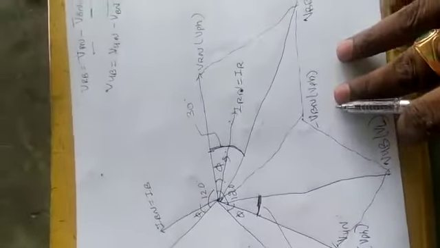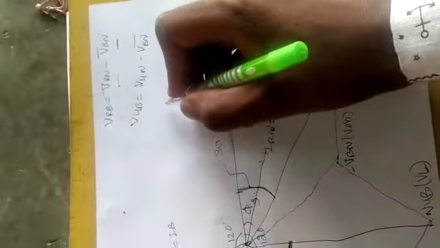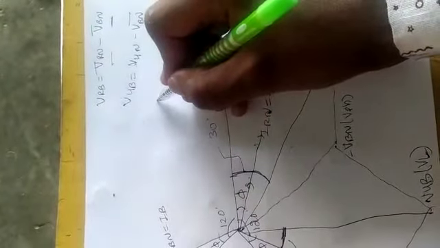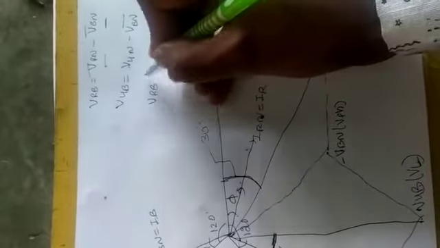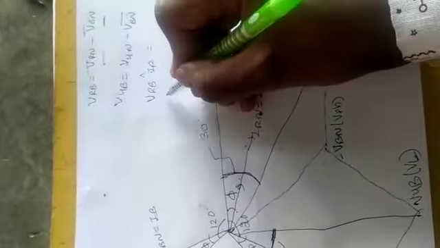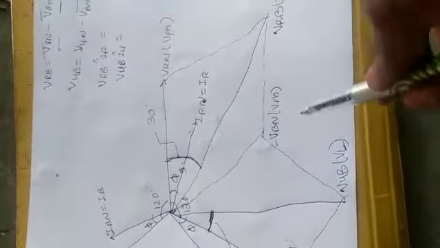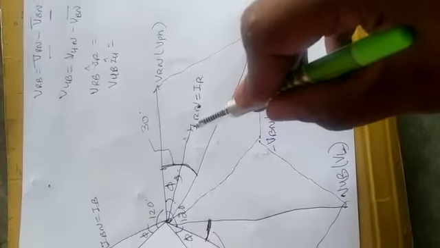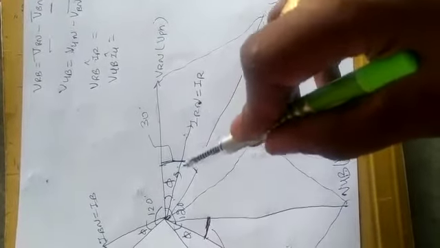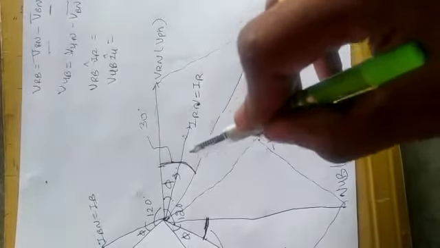Okay, so now what you have to do is find out the angle between VRB and IR, right, and VYB and IY. What's the angle between VRB and IR? This is VRB and IR, okay, that is 30 minus phi, this angle is 30 minus phi.